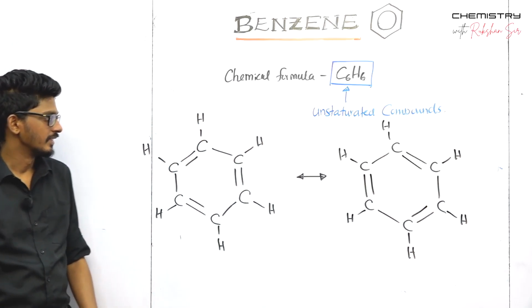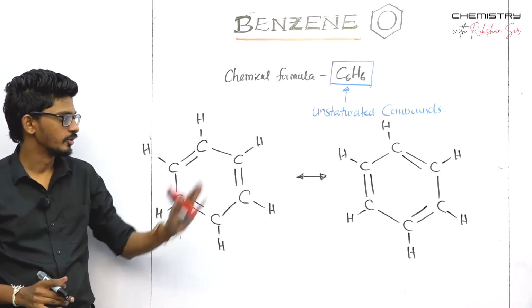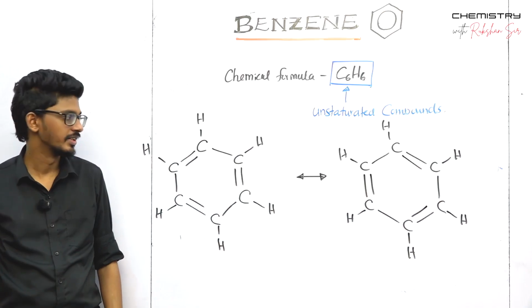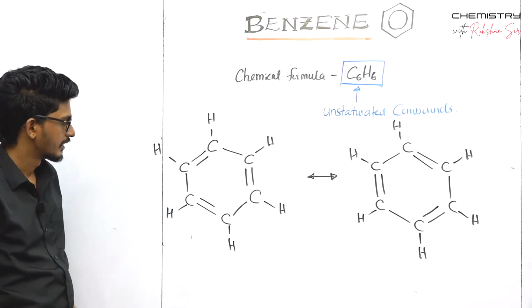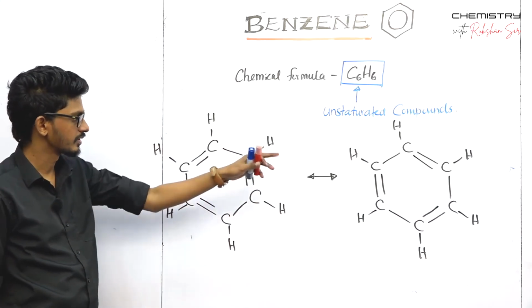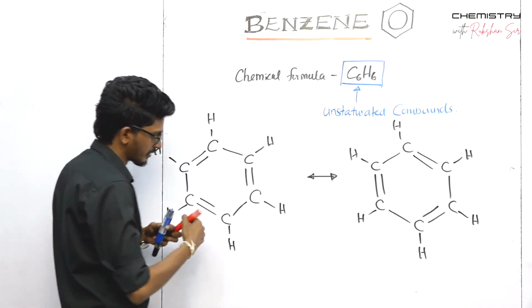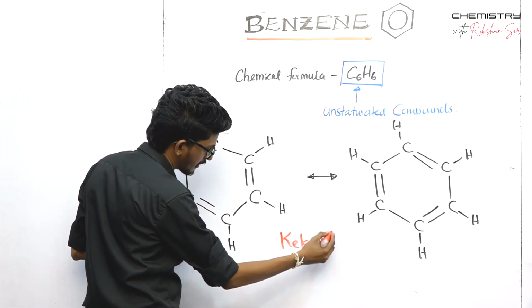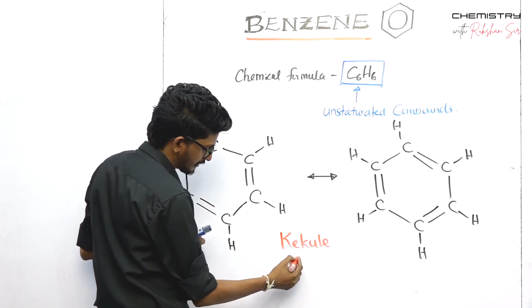So they say benzene is a resonance hybrid of these two resonance structures. That was the first idea. These resonance structures are referred to as Kekulé structures, named after the scientist who first came up with this proposal.